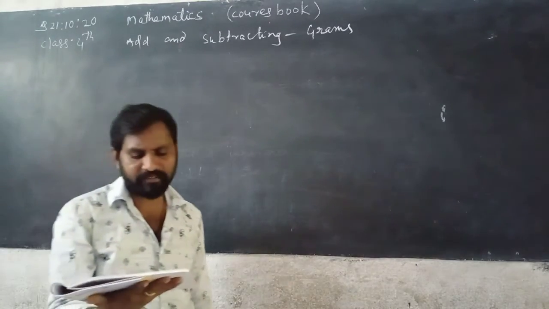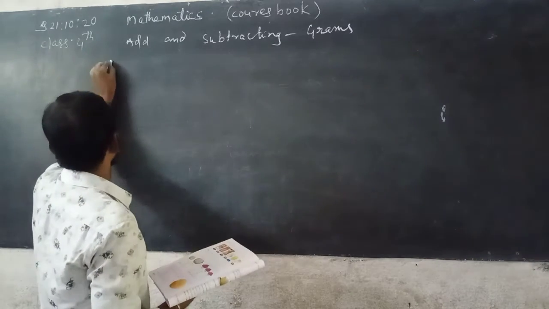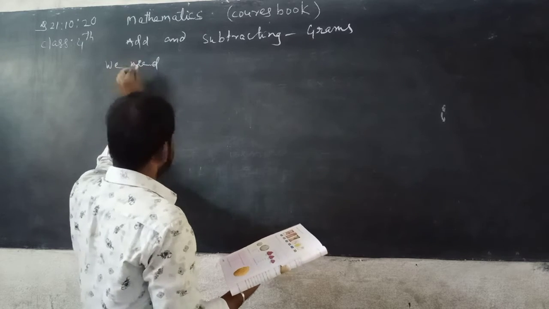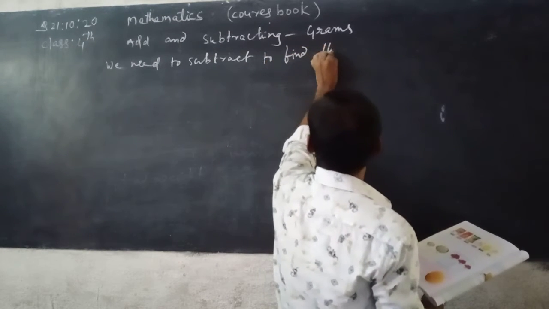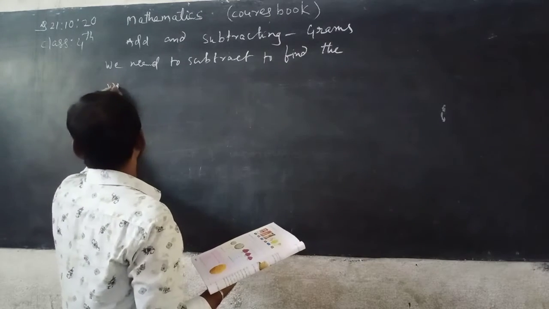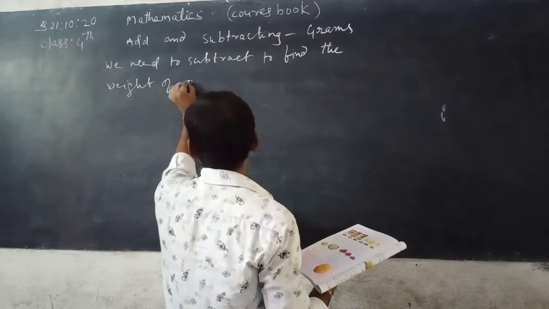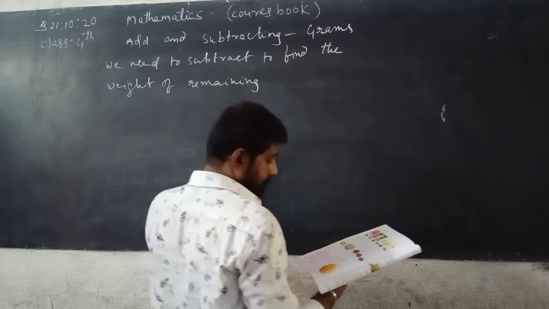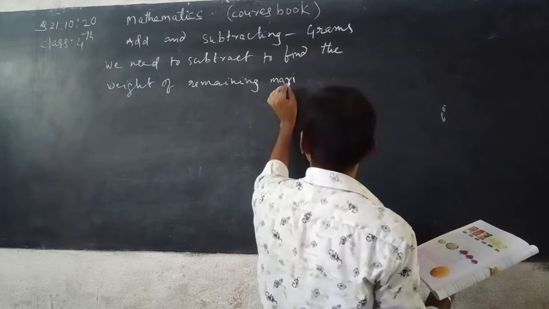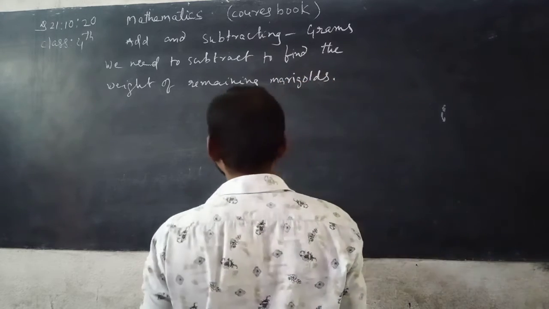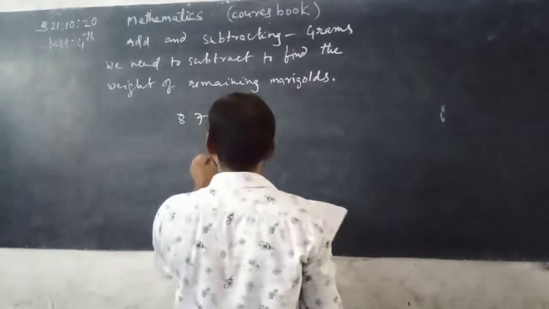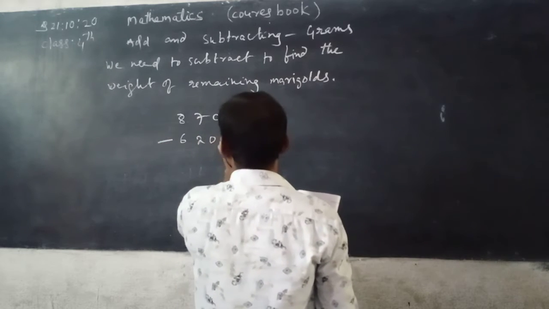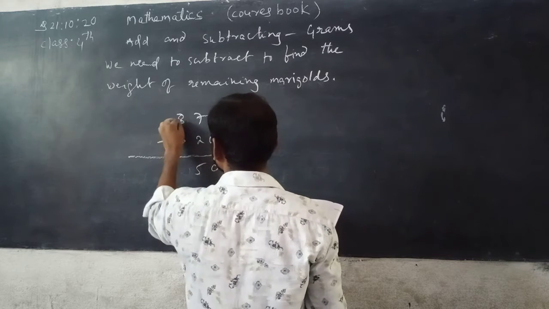We need to subtract to find the weight of the remaining marigolds. Write down, according to our problem, we need to subtract to find the weight of the remaining marigolds. 620 is subtracted from 870, means 870 minus 620. 0 minus 0, 0, 7 minus 2, 5, 8 minus 6, 2.